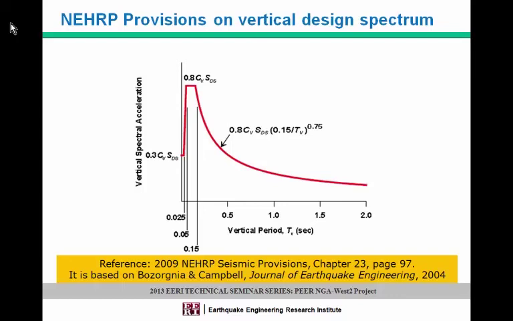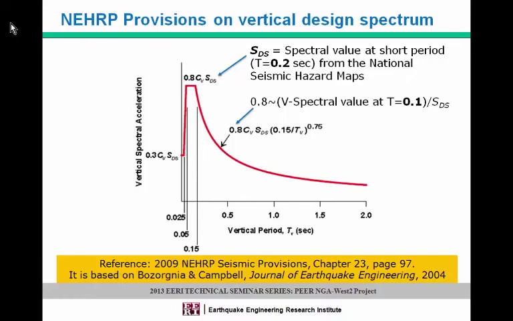After decades of debate, eventually in the 2009 NEHRP provisions, there are a few pages at the back where we recommended development of a vertical design spectrum based on the horizontal spectrum, the spectral ordinate at short period that we read out of national hazard maps.